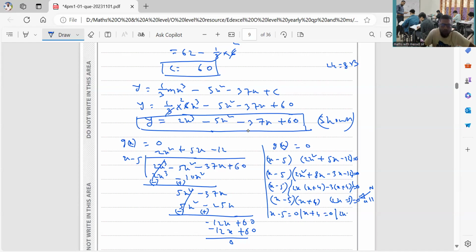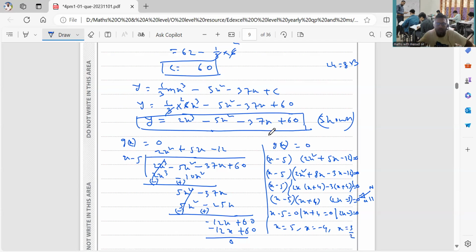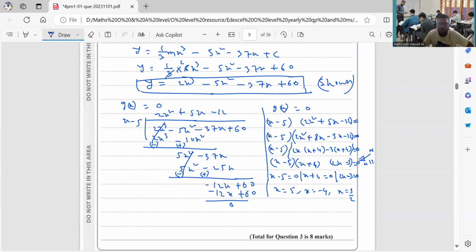So finally x equals 5, x equals minus 4, and x equals minus 3 will become plus 3 divided by 2, so 3 by 2. So this is the answer. The question asks you to find the answer of x, so we have got the three answers of x.